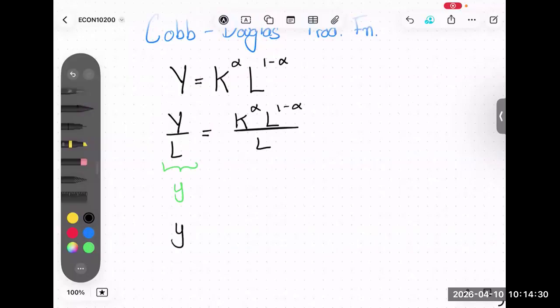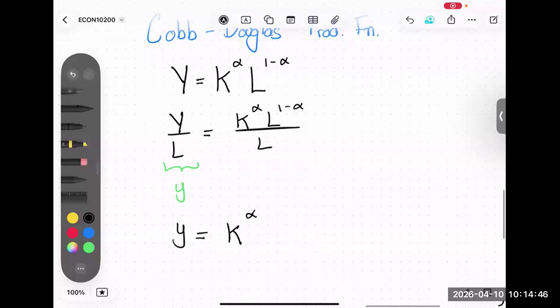such that the new production function is equal to, and by the way, here on the right-hand side, what I'm going to do is that I will use properties of exponents, right?